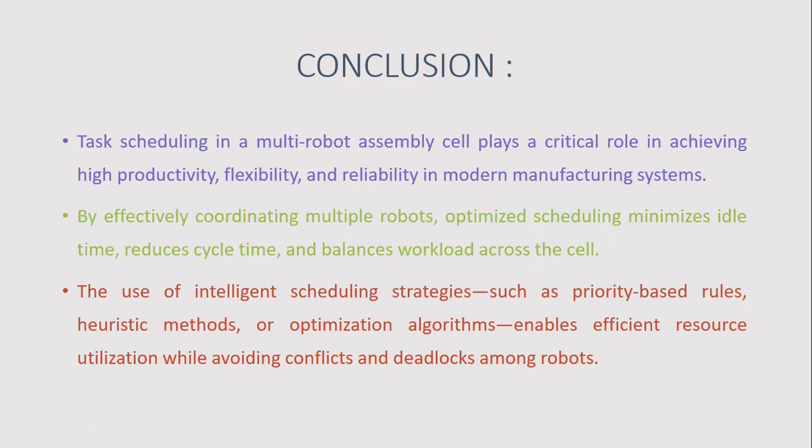By effectively coordinating multiple robots, we can optimize the scheduling process by minimizing idle time and balancing the workload effectively across various assemblies. Use of intelligent scheduling strategies like priority-based dispatching rules, heuristic methods, or optimization algorithms, whatever the method, aims at efficient resource utilization by avoiding scheduling conflicts and deadlocks among various robots that are processing in parallel within the assembly cell.